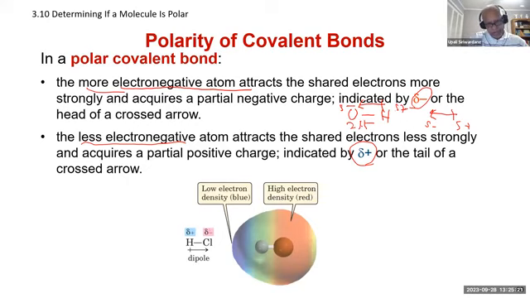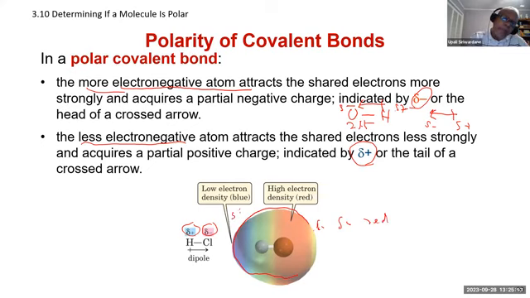Another example: between hydrogen and chlorine, the dipole is negative on the chlorine, positive on the hydrogen. This is also represented in the picture here, the electron distribution. The negative end of the dipole is shown in red color.